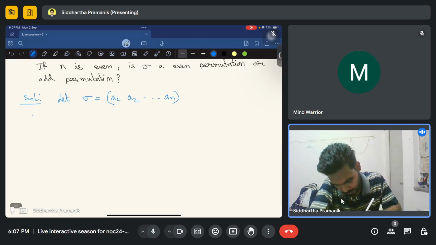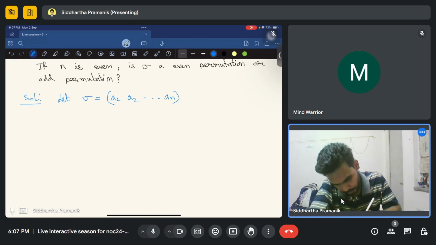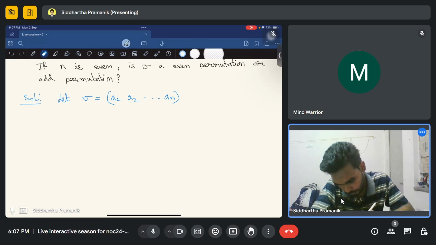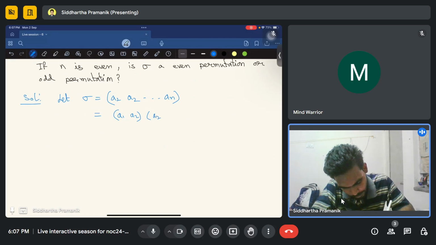Now let's take case 1. It is given that n is even. First of all, we can break this sigma as (a1 a2)(a2 a3) and so on up to (a(n-1) an).